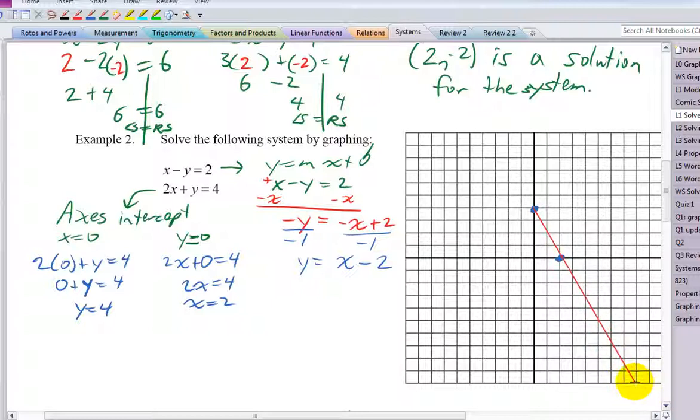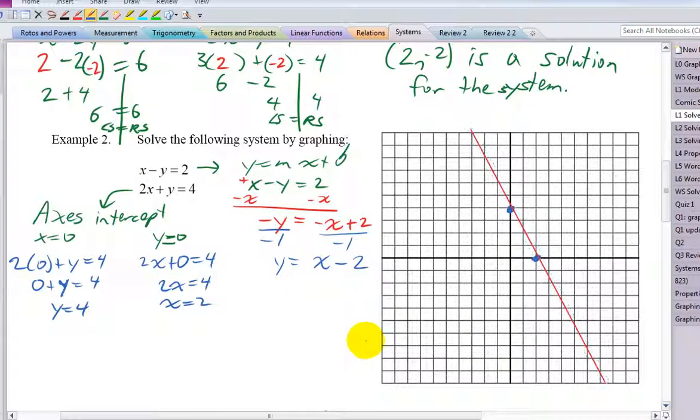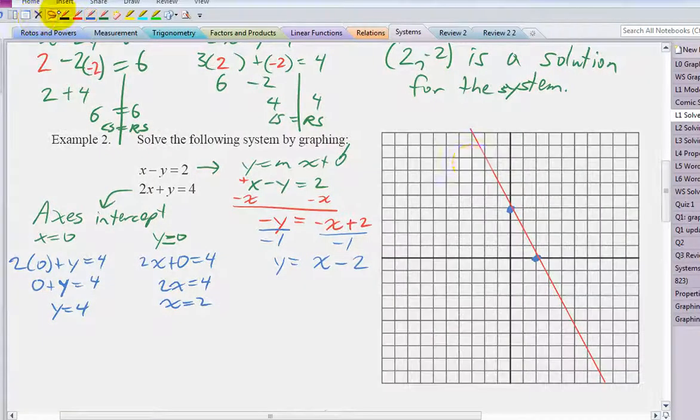And now you can make a nice line. There you go. Okay, make your other graph as well.